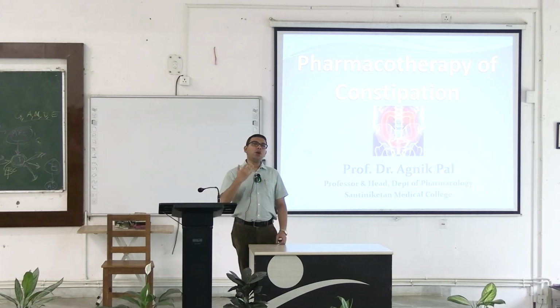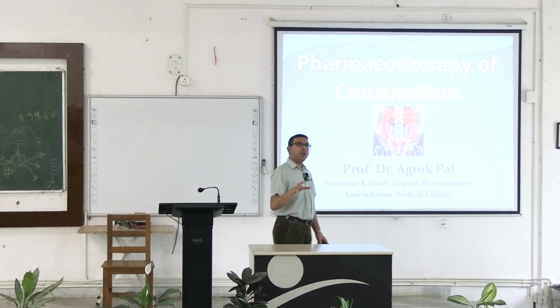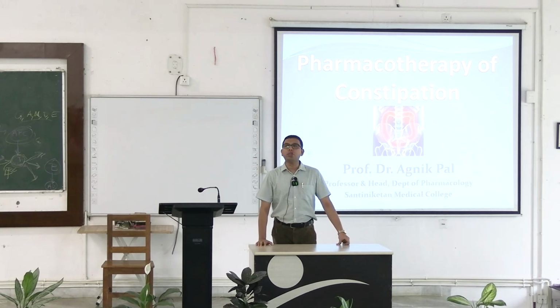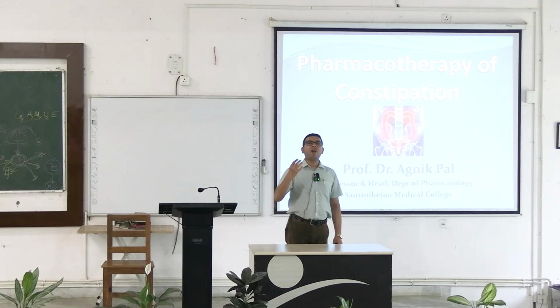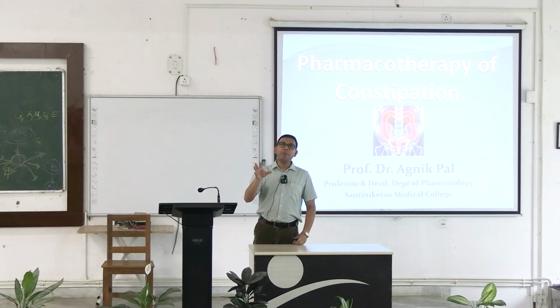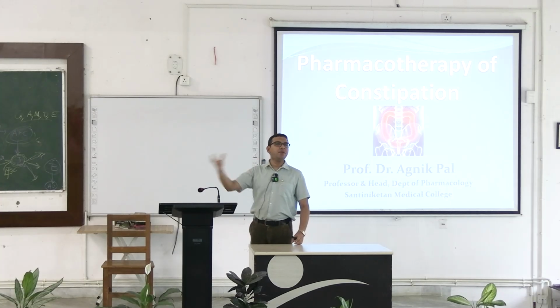Now how do you want to treat constipation? Firstly, the patient is to be advised different types of lifestyle modifications. The most important is increased fiber intake, dietary fiber. You know that these dietary fibers can be soluble, insoluble, or some synthetic fibers.